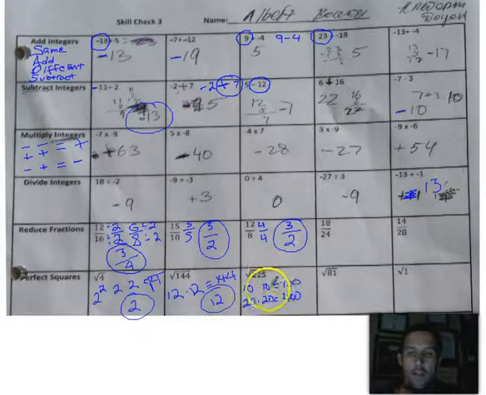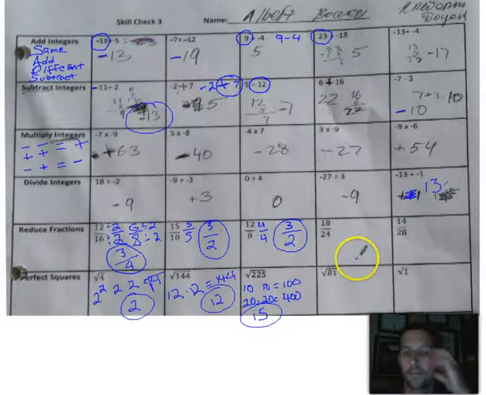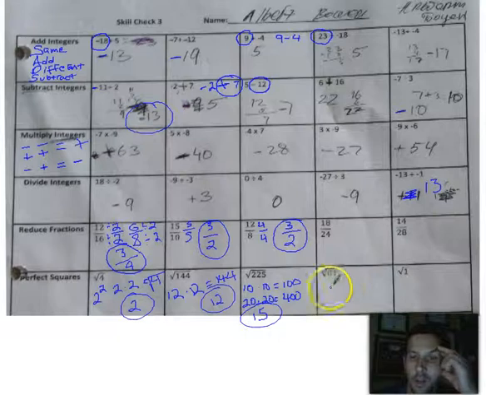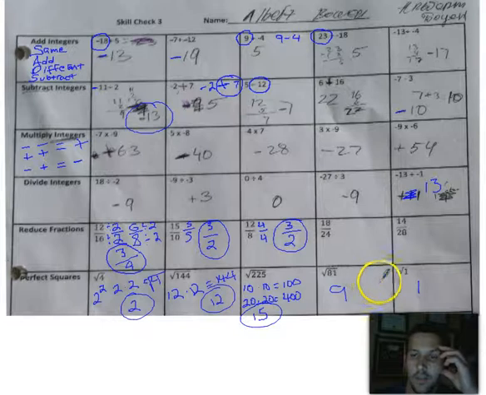And they'll have to work that out. 12 times 12, 144. So then they'll start seeing that there's a pattern, and they usually will get to eventually what the actual square root of 225 is, which is 15. Square root of 81 is 9, and the square root of 1 is 1.